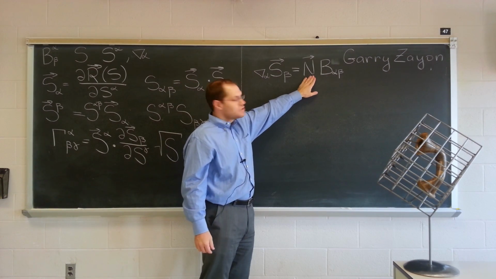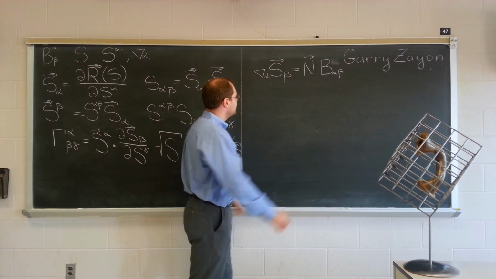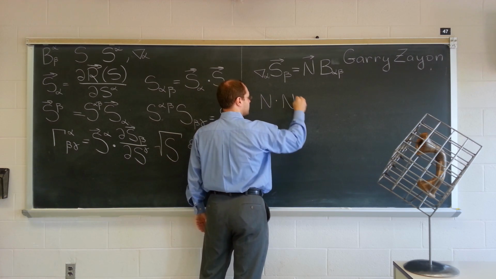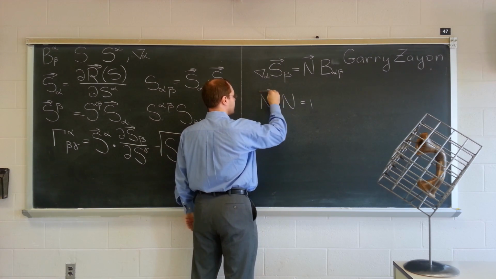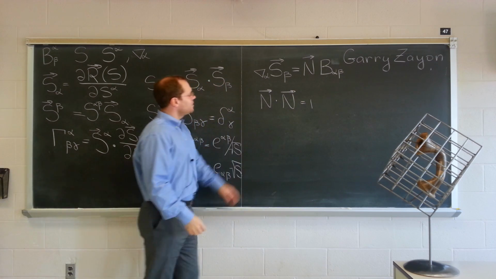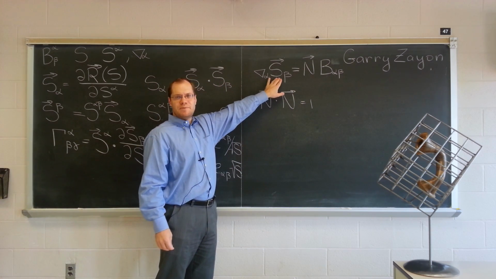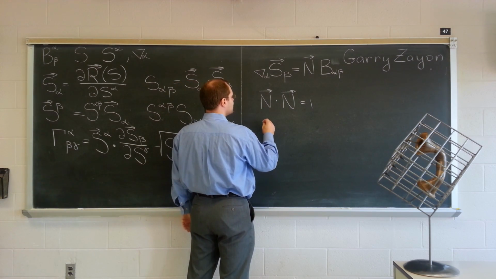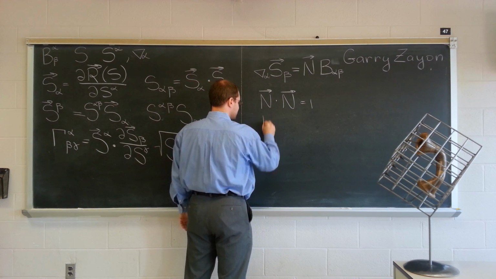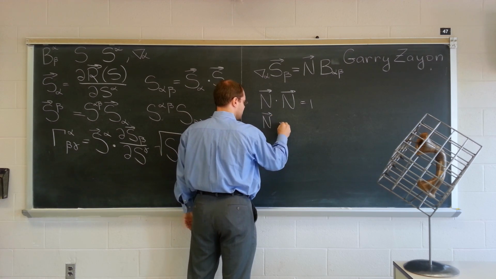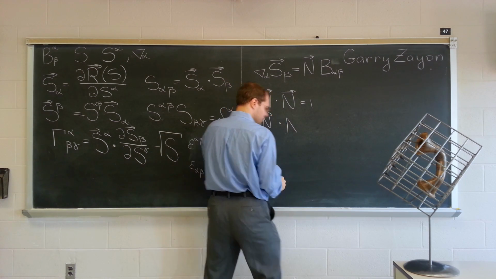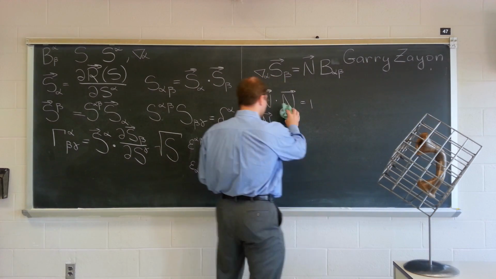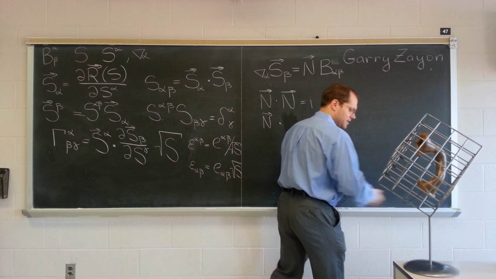After all, this normal is given by the fact that it's unit length and by the fact that it's orthogonal to each of the basis elements. That's the definition. It needs to be orthogonal to the tangent space, which means that it's orthogonal to each element of the basis that spans the tangent space.